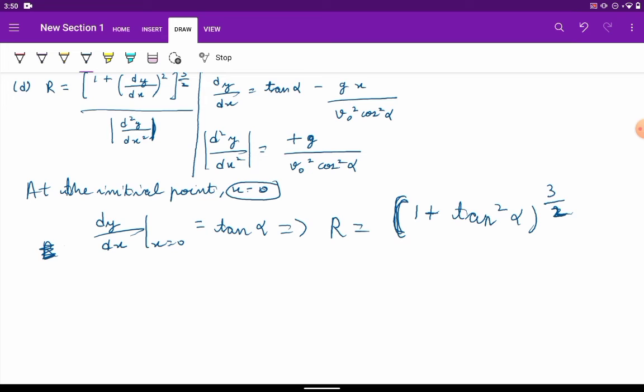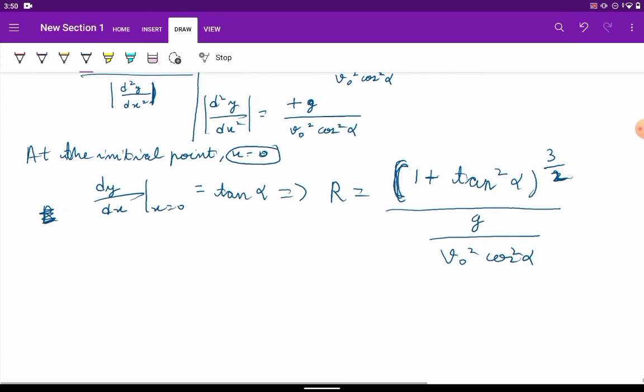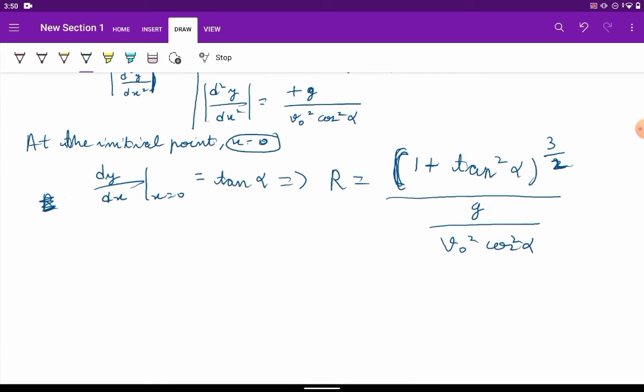So 1 plus tan square alpha whole power 3 by 2, divided by mod of d2y by dx square, which is a constant, g divided by v naught square cos square alpha. Now secant square theta minus tan square theta equal to 1, so 1 plus tan square theta is secant square theta.